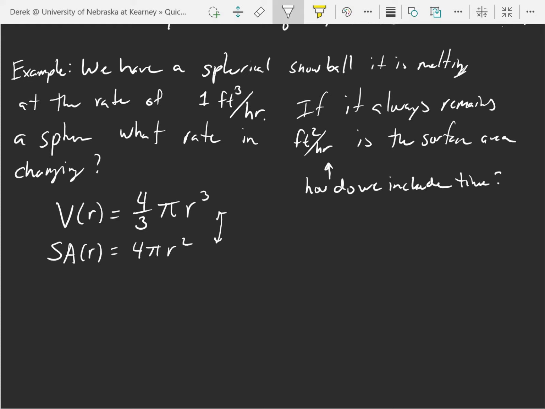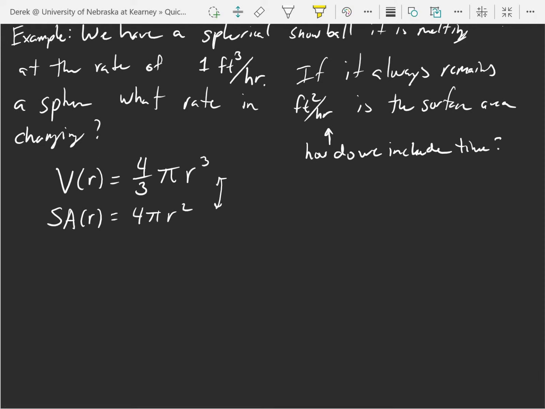Or we'll see that we can leave them like this and do a two-step problem. Take how fast the volume is changing with respect to how fast the radius is changing, and then use that changing radius in the surface area equation to figure out how fast the surface area is changing. That's going to be our process. But I still have to get this time variable included.